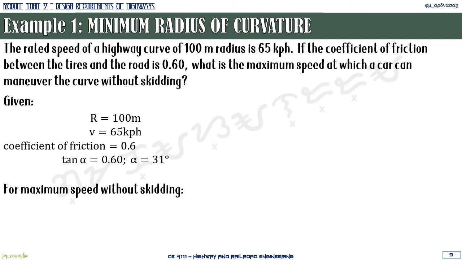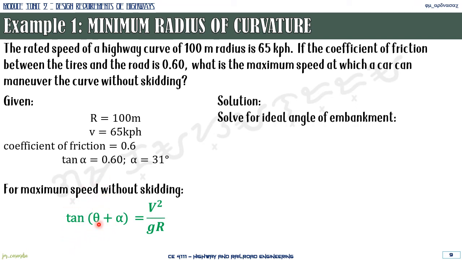For the maximum speed without skidding, that is equal to the tangent of theta plus alpha is equal to V squared divided by GR. We know already the alpha, but we do not know theta. Theta will be taken from the ideal angle of embankment.